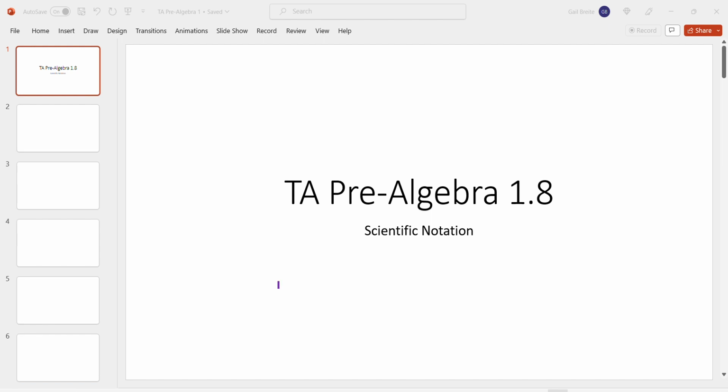Our invisible math decimal is right here, and we're going to see how many back we need to go to get to where our decimal needs to be placed for scientific notation, like a board game. 1, 2, 3, 4, 5 places back. And we're going to say it's 1.86 times 10 to the 5th power and label miles per second.